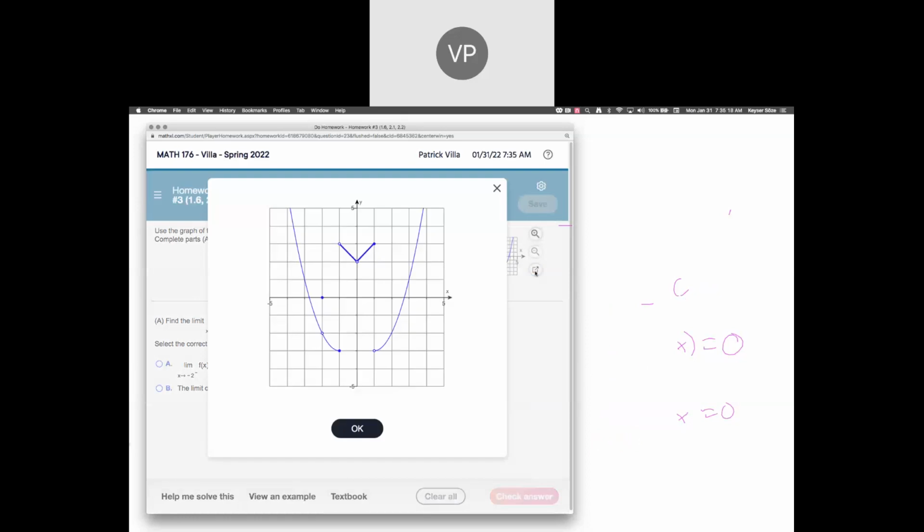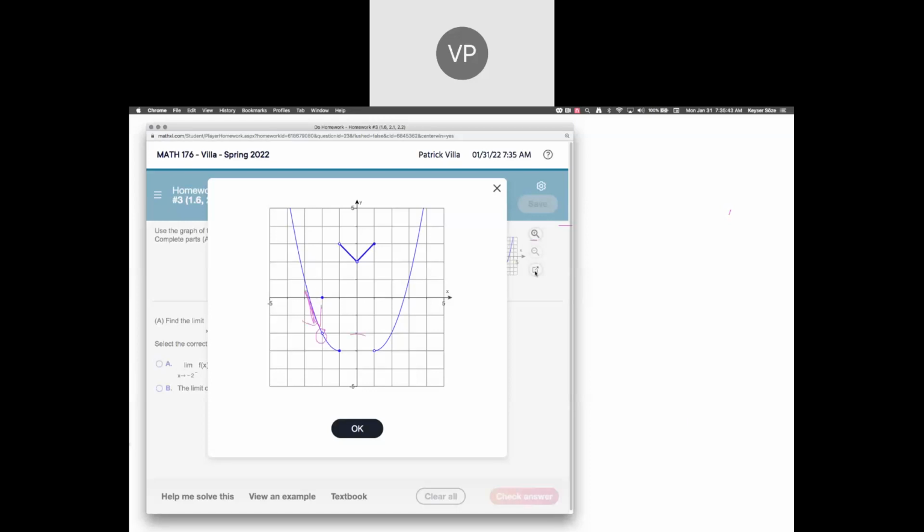Okay, so now let's look at this one. First, identify -2. They're not asking what's the value at -2. If they were asking the value at -2, it's going to be where that dot is at -2. Right there. That's the value of f of -2. But what they're asking for is, what's this coming from the left side?